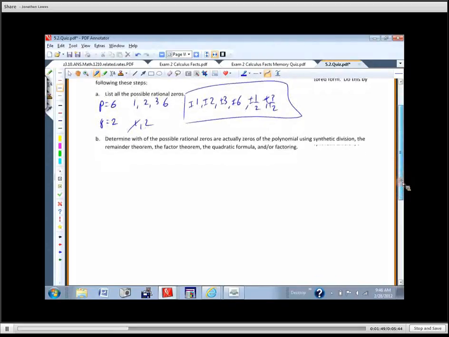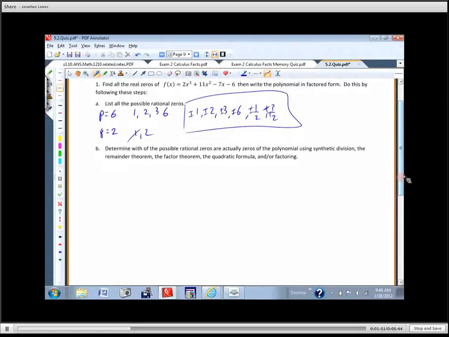Okay, then it says determine which of those are possible rational zeros. Well, let's check and see. I'm going to check and see if 1 works just by looking at it. If I plug in a 1, that's a 2. That's an 11. That's 13. Minus 7 and minus 6. Well, 13 minus 13 would be 0, so 1's going to work. So I'm going to put 1 in the box, and then I'm going to write down a 2, an 11, a negative 7, and a negative 6.